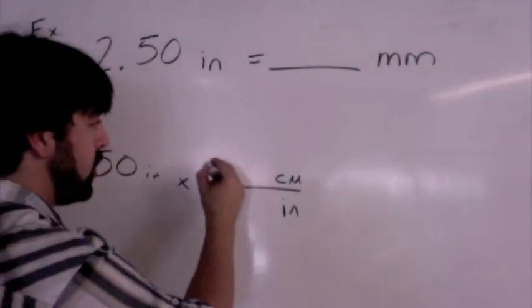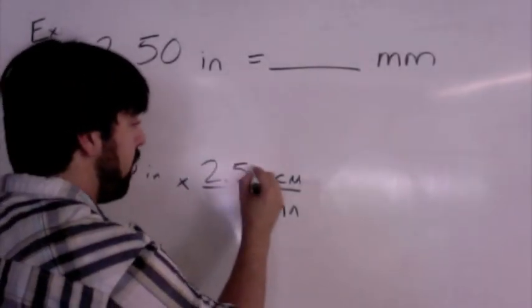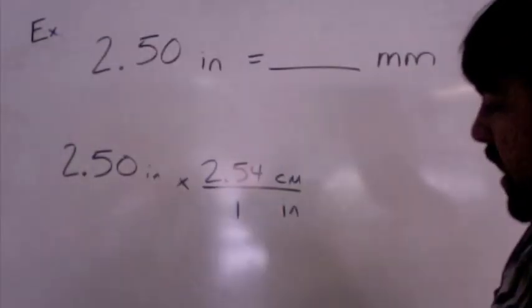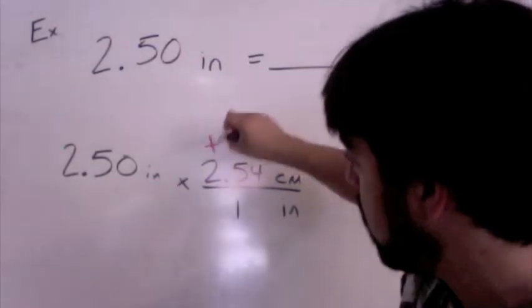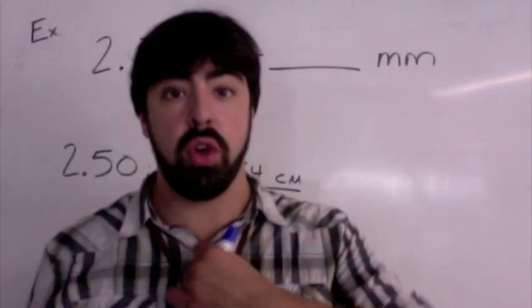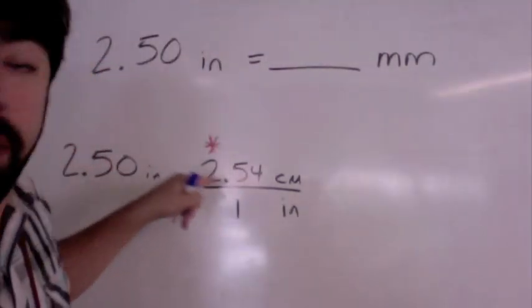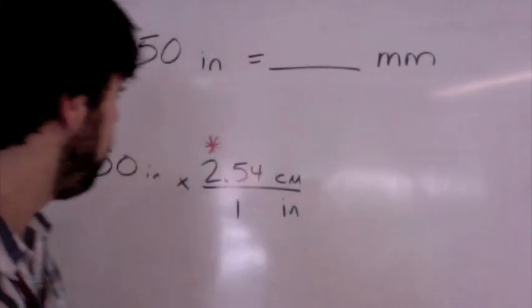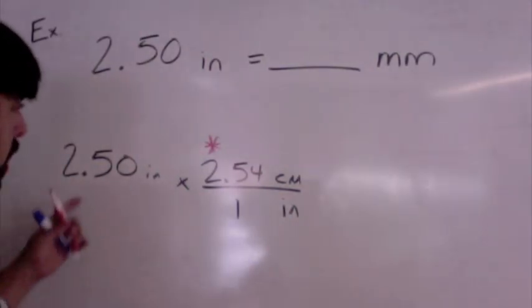There's actually 2.54 centimeters in 1 inch. This right here is one of the first numbers you should know. This is a conversion factor you should know by heart. There's 2.54 centimeters per inch. I'm going to hold you guys to that one. Okay, we can do this.